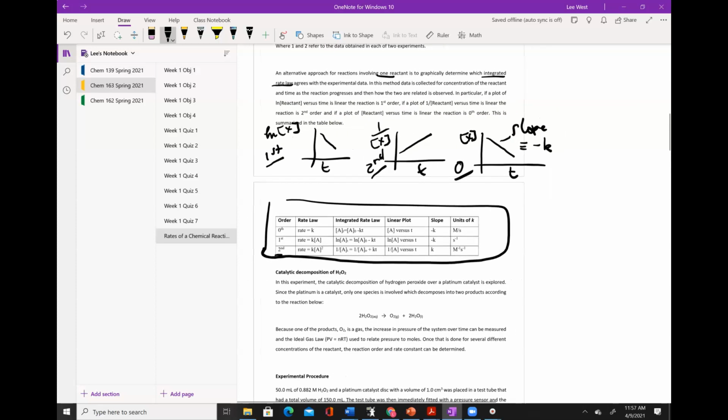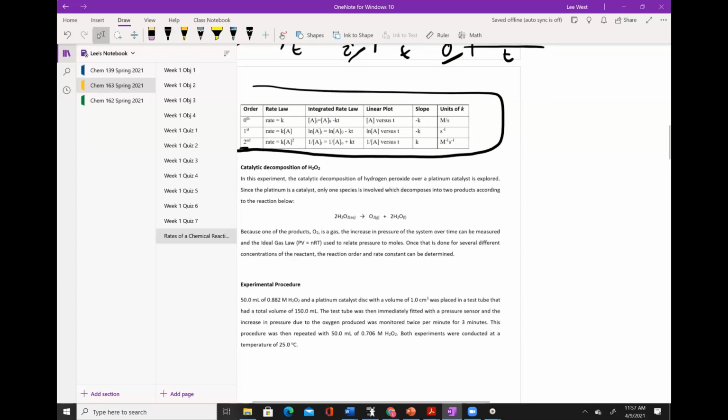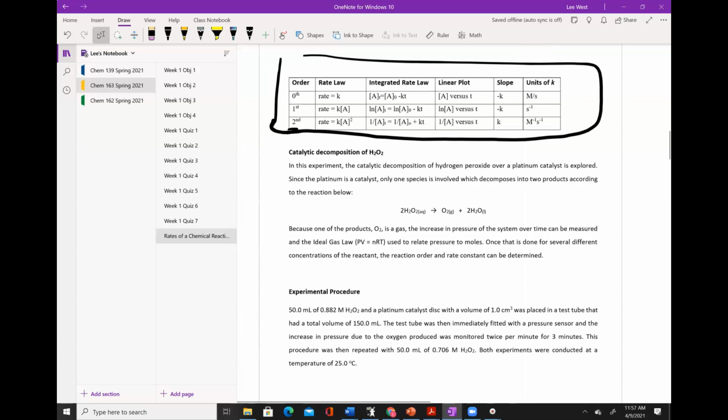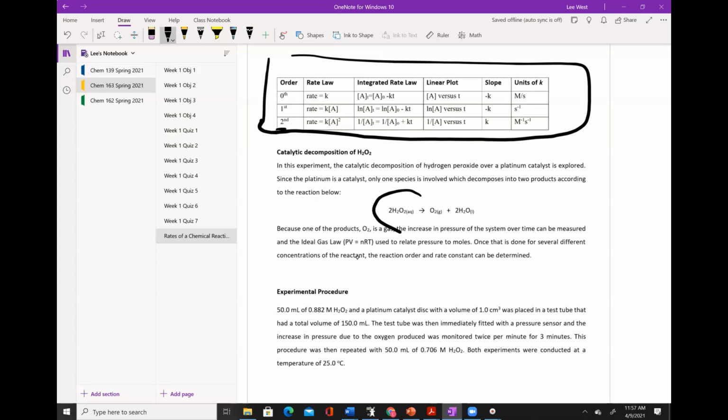The problem is it only works for reactions where we have one reactant, which conveniently is what we're going to study. We're going to study the catalytic decomposition of hydrogen peroxide. Hydrogen peroxide spontaneously decomposes to produce oxygen gas and liquid water, but it's modestly slow.